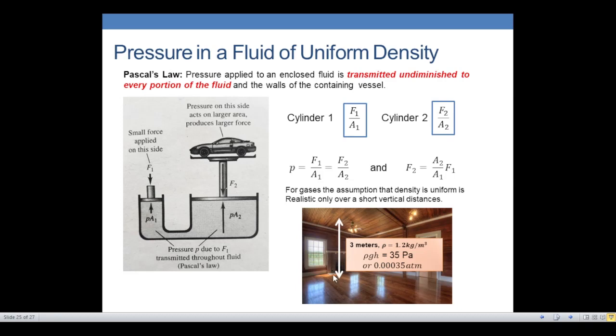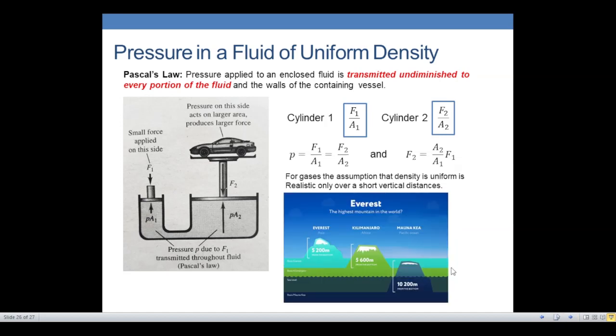Take note that if we're going to compare 3 meters to the height of Mount Everest, this is just so small, very insignificant. So in this particular difference, the 3 meters, the short vertical distance, we can still use the assumption that the density is uniform. But this assumption that the density is uniform is not anymore applicable if we're going to measure the density of the fluid or of the air if we are comparing already very long distances.